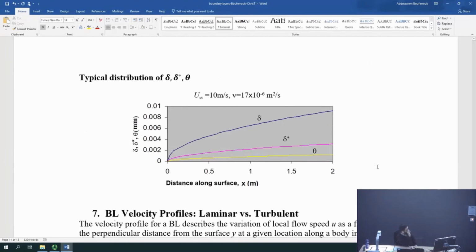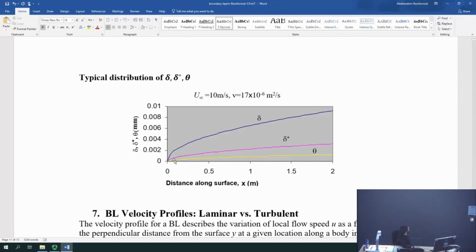Now, in terms of how they relate to each other, or how they look typically: first of all, if we have a surface, like a flat plate or a wing, and the flow is coming left to right, then what we find is that the boundary layer grows over the surface from the leading edge to the trailing edge. And it's not constant. The blue line shows you what the thickness is.